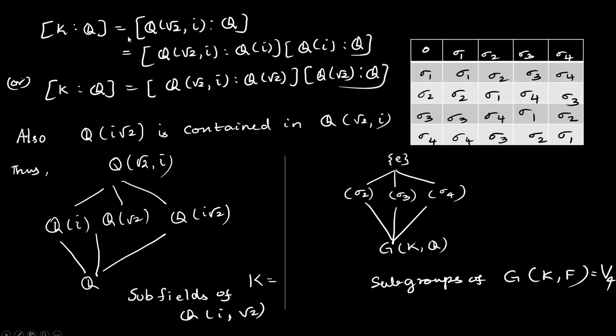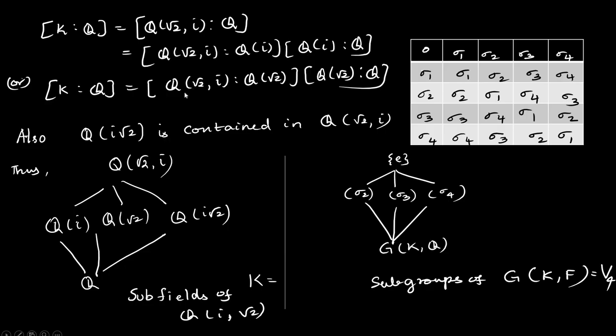Now the degree of K over Q is the degree of this over K here, which we already wrote like this. In the same way, we can also have this. Via Q(root 2) we can reach this, and via Q(i) we can reach this.